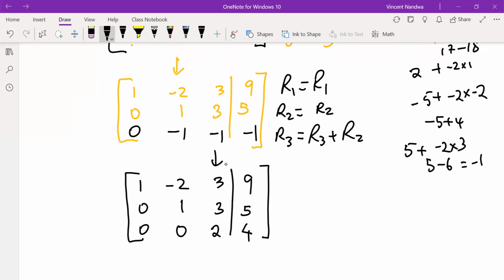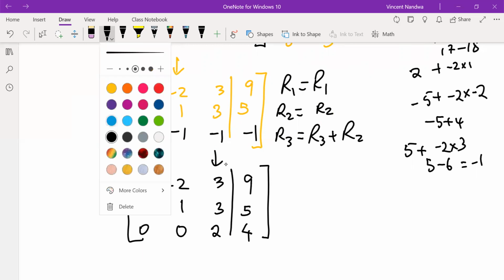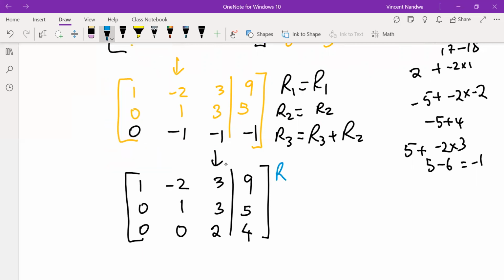So the problem is these two. We simply multiply by a half. So row 1 equals row 1, row 2 equals row 2, and row 3 will be row 3 times a half.